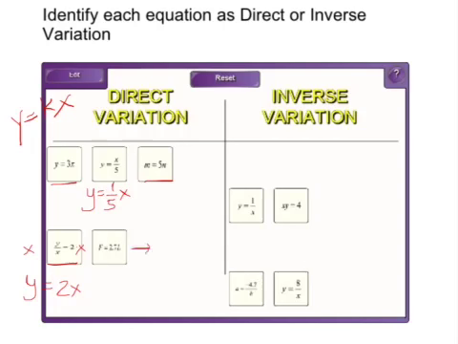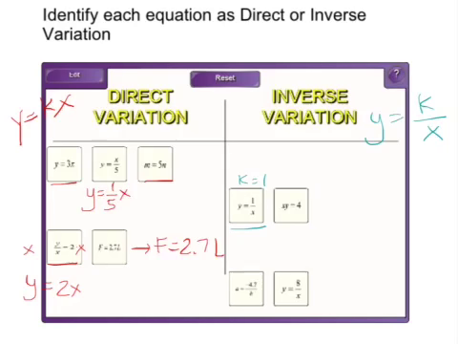And this one is very difficult to read, but once you see it, you'll see that it is direct variation because k is 2.7. And then over on the right side, inverse variation, again, we want to make it in the form y equals k over x. And so the first one's easy to see, k is 1.